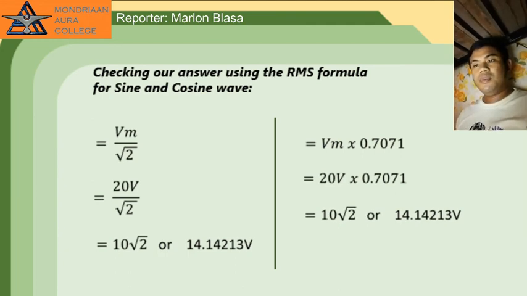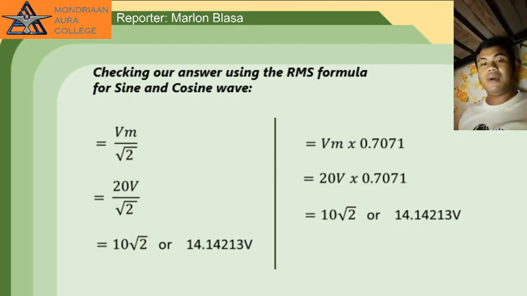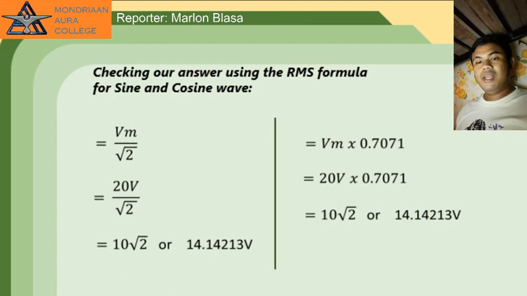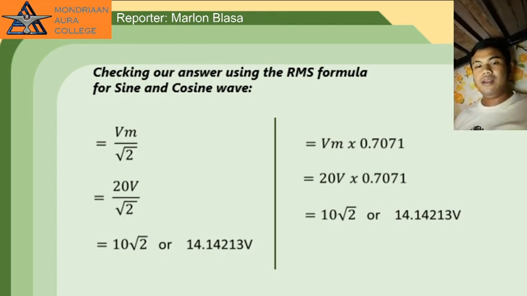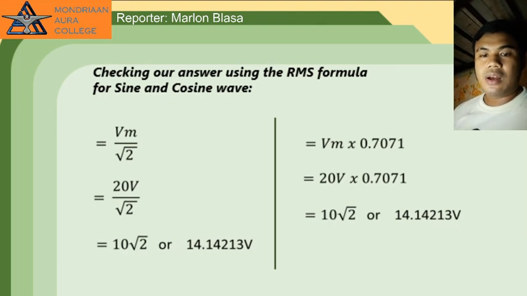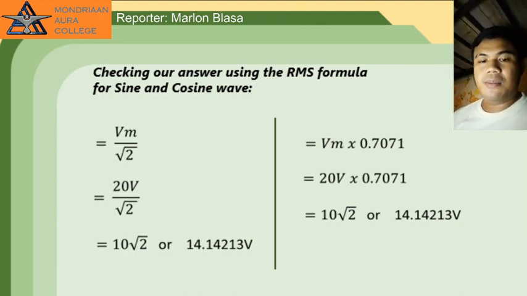Ayan, Vm over square root of 2, plug in lang natin yung Vm na 20 volts kasi yan yung Vmax. So, ang magiging sagot niya is 10 square root of 2 or 14.14213 volts. Same din sa kabila. At yun po yung RMS ng isang cosine wave.